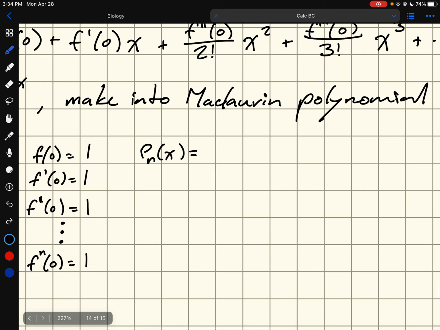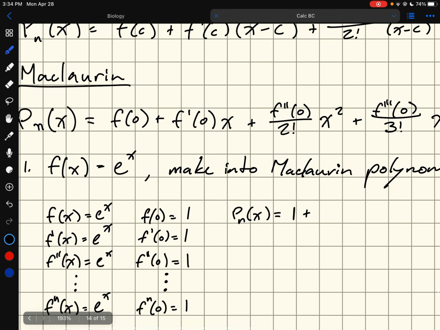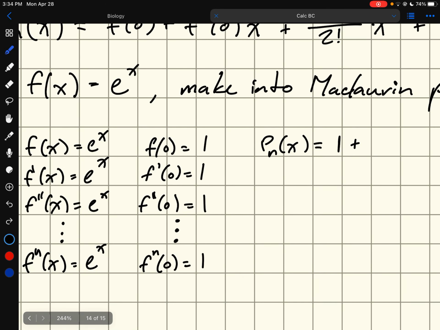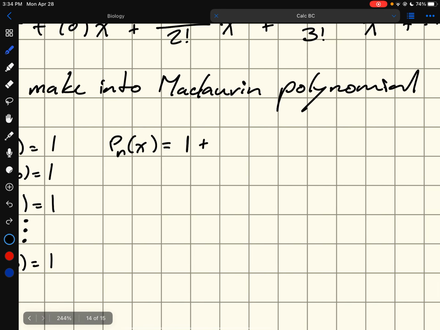So that first term is just going to be a 1. Plus, our second term is one more derivative and increasing the exponent of the x by 1. So another derivative would be f prime of 0, and then increasing the x by 1, we're just going to write in x there.